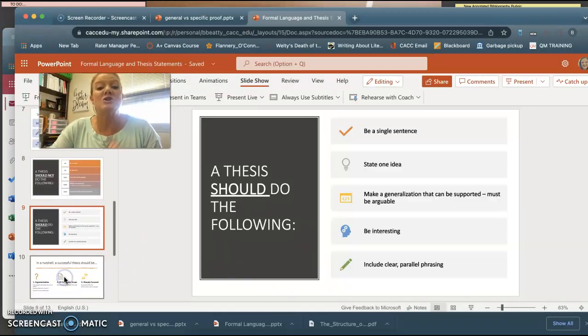But what a thesis statement should do is this: it should be one sentence at the end of your introduction paragraph. It should state one idea. It should make a generalization that can be supported or argued. It has to be arguable. It should be interesting so people will want to read what you have to say, and it should include clear and parallel phrasing.